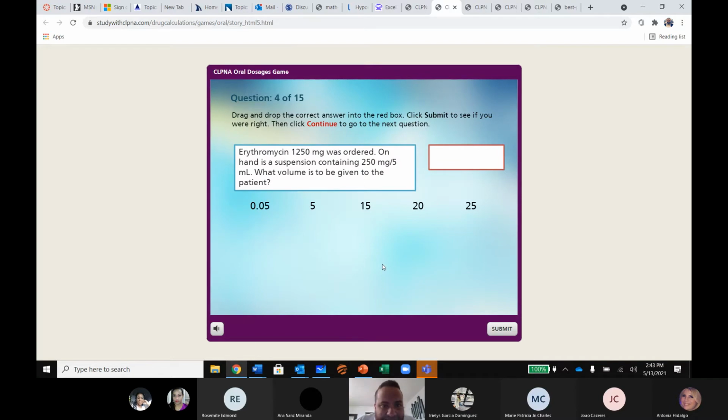Okay. Erythromycin, 1,250 milligrams was ordered. On hand, the suspension contains 250 milligrams per 5 ml. What is the volume to be given to the patient? 25.